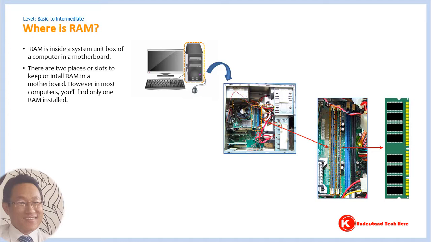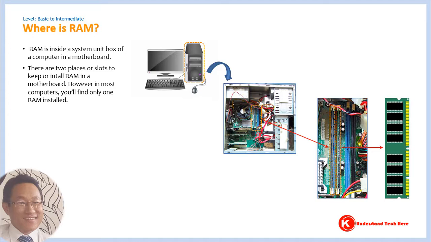So what's RAM? RAM stands for Random Access Memory. It's a volatile memory that provides the CPU with fast access to data and instructions. RAM is actually of two types: DRAM, Dynamic Random Access Memory, and SRAM, Static Random Access Memory.